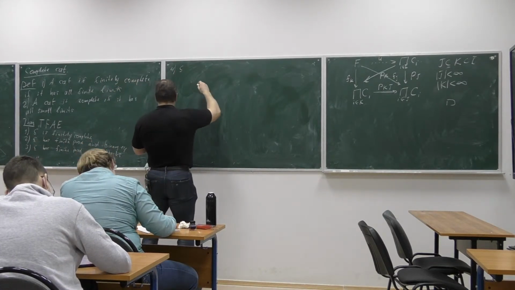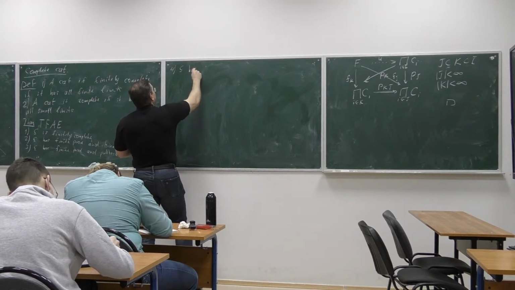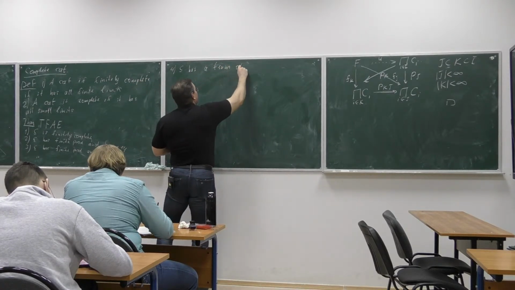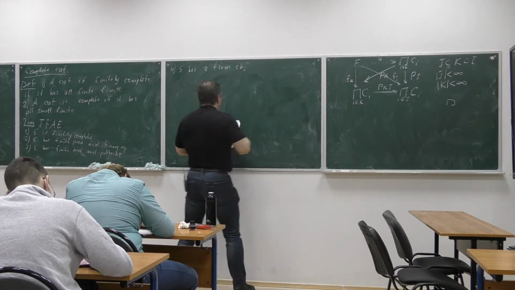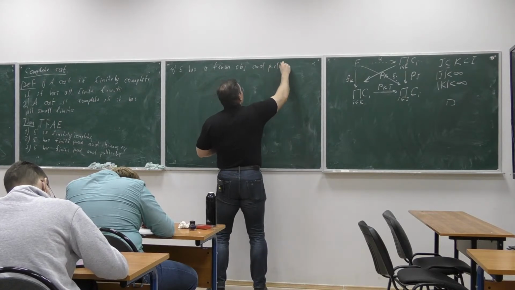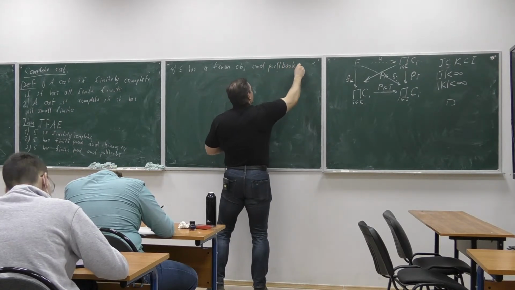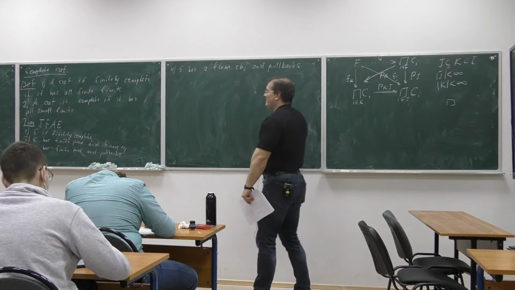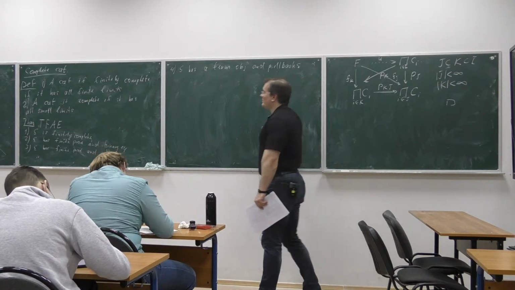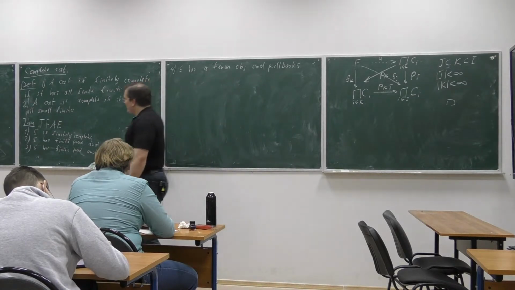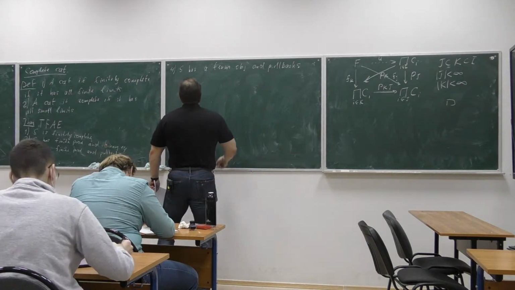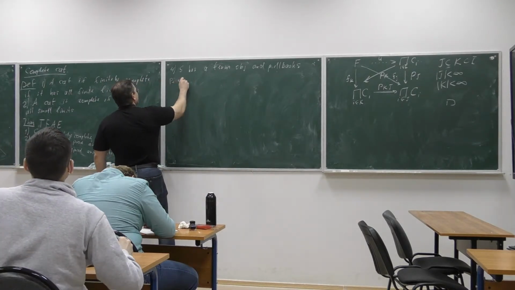So C has a terminal object and pullbacks. But clearly 4 is equivalent to 3. So just a statement. The only non-trivial part is equivalence between 2 and 3. And this we do on the seminar. It's not really hard. So proof is exercise.